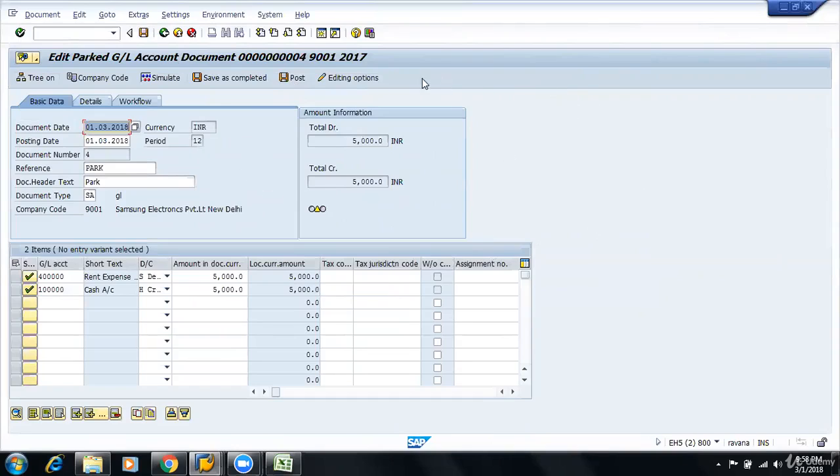If you remember my GL postings video, the first time where we had postings, my previous video, I shared what happens if this is neither green nor red. This yellow, what does this mean? Yellow means that it is not yet determined because in parked documents, system did not check the totals of debit and credit. System can park the documents without the proper debit or credit totals. So let me post the document now. It has proper debit and credit totals. I know. Let's post.